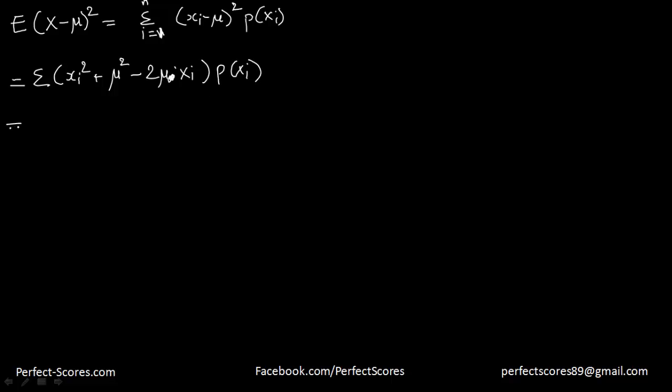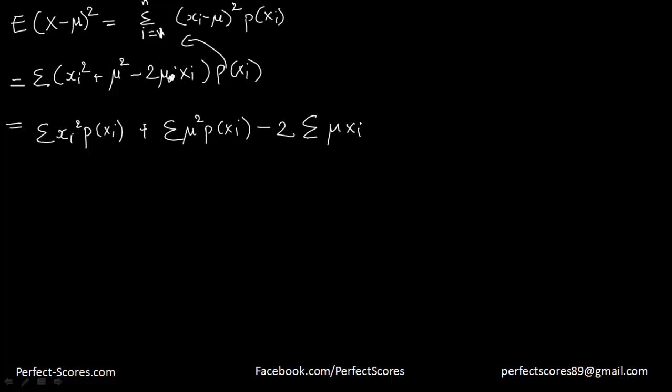If I multiply this probability through, I'm going to get the summation of xi square into the probability of xi, plus summation of mu square into the probability of xi, minus 2 times summation of mean into xi into the probability.